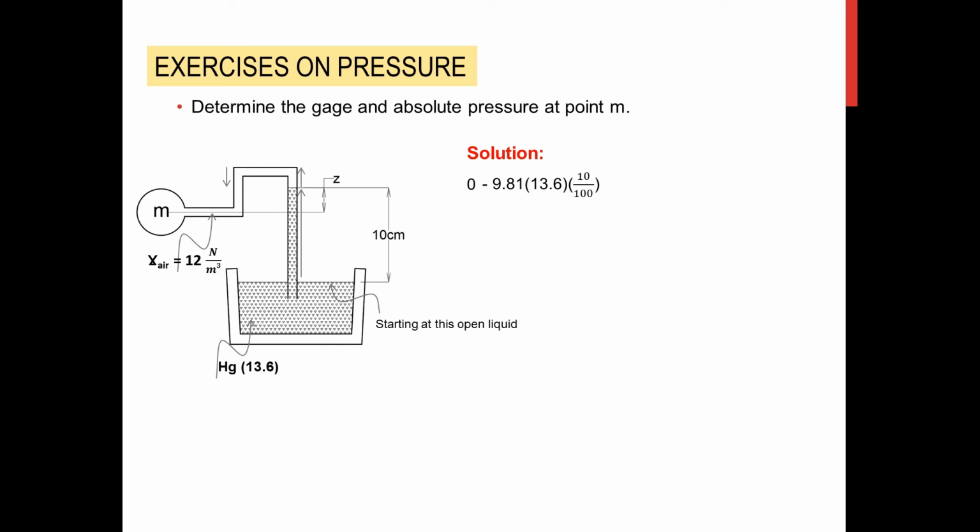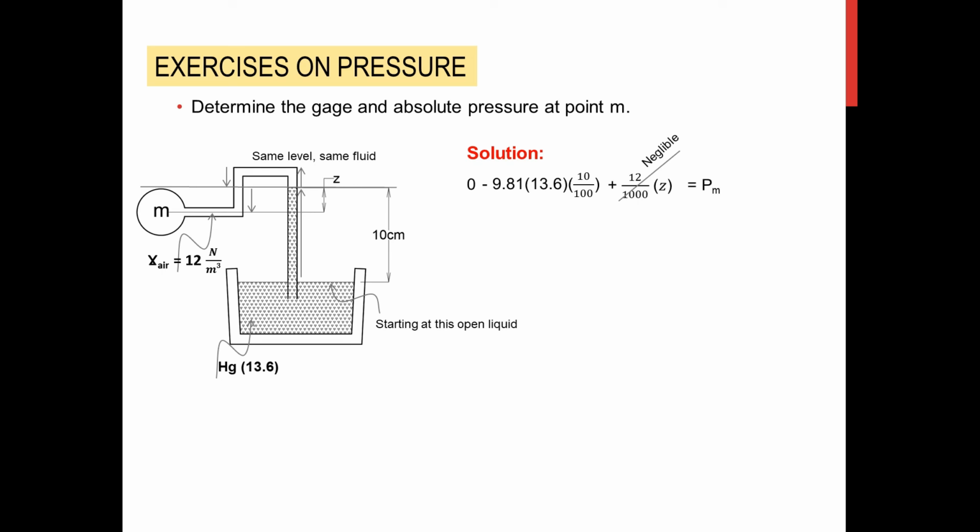Again, we go up, and that will just cancel going down. Same level, same fluid. We are now on this level. We further go down towards the level of point M. So therefore, we add gamma H of air. Gamma of air is 12 over 1000 times Z. Please don't bother about Z because that will be negligible.